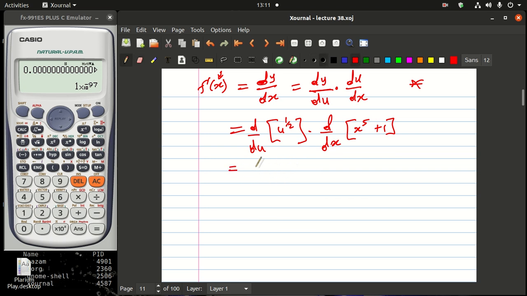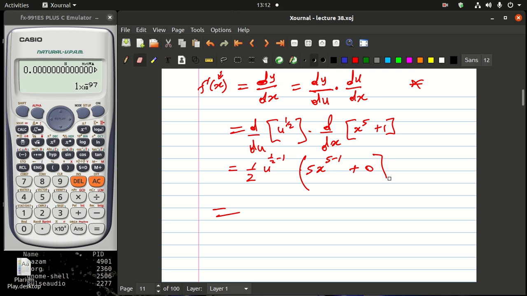This is just going to be 1 over 2 times u raised to 1 over 2 minus 1, and then times the derivative of this whole thing here, which is going to be 5 times x raised to 5 minus 1, plus the derivative of a constant, which is 0.